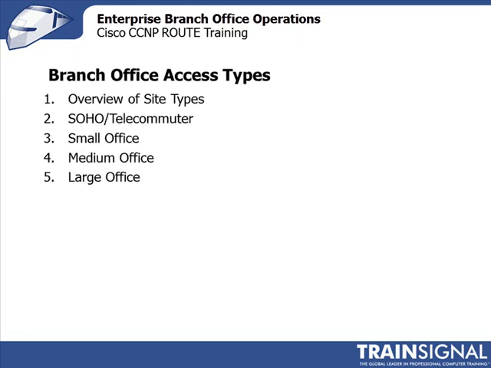So first, let's take a little bit of a survey of the different types of branch offices. You might be able to say that one size does not fit all. There are different characteristics. First, we're going to overview the different site types, and then we'll break down into a little bit of discussion of each one. Small office, home office, SOHO, telecommuter, small offices, medium offices, and large offices.